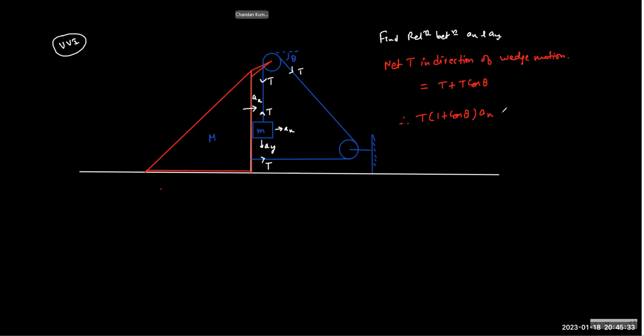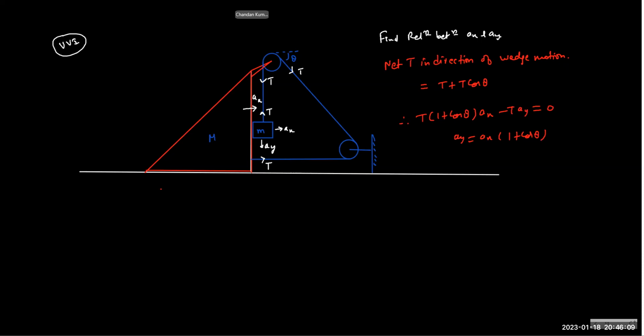But for AY, you can see it's T AY because it's opposite, right? And this will give you the answer. The AY is AX(1 + cos theta).